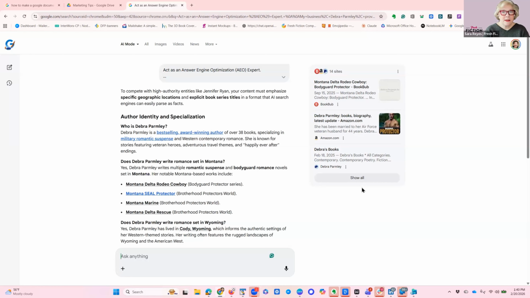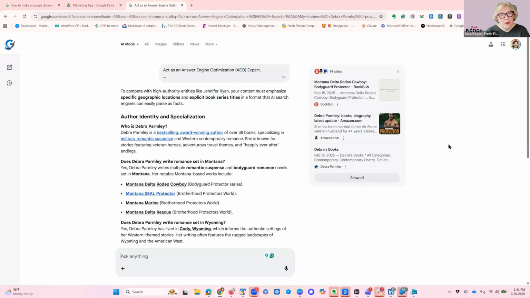All right, so the nice thing about Gemini, it tells you the different things, and it's already pulling out what it's finding for Deborah's book. That's the nice thing about Gemini, it's halfway there to the great Google search engine. Okay, so it's telling you how you should rewrite that bio page on your website. Who is Deborah Parmley?